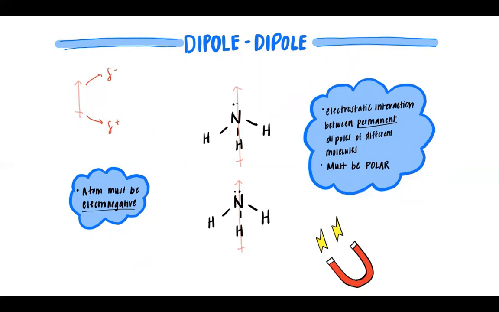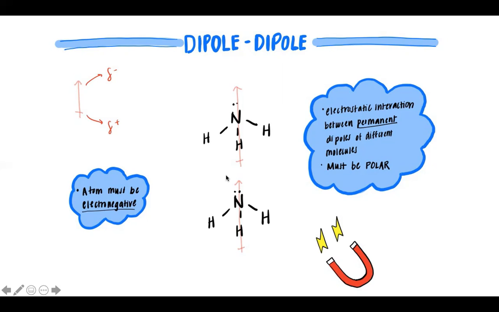The arrow shows the directionality of the dipole. The way the arrow is pointing is where the electrons are mainly located. So you can see that more electrons are here, making this negative, and these partially positive.